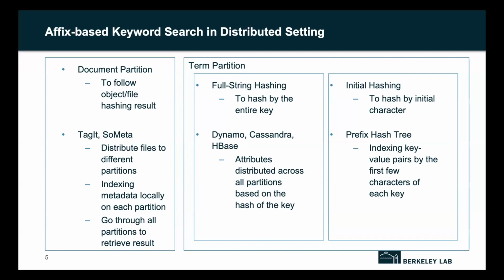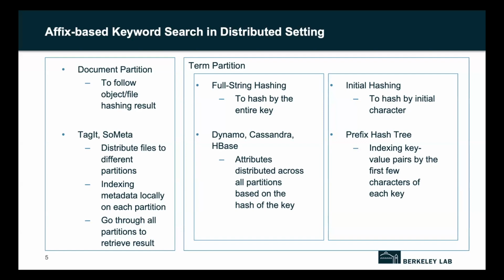There is existing work like TagIt or SoMeta, which build a local index on each partition. With this approach, queries need to be sent to all the partitions to retrieve the complete results.